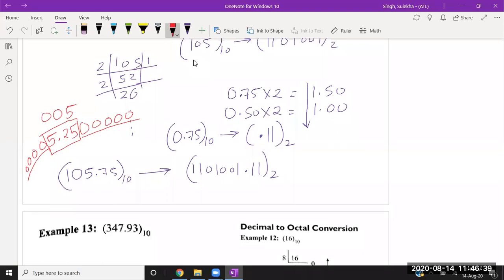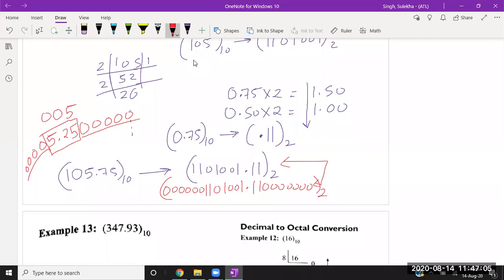The same thing you can apply here also. You can write your answer with as many zeros as you want, then 11, and as many zeros as you want here also. If you write your answer this way, both numbers are the same.